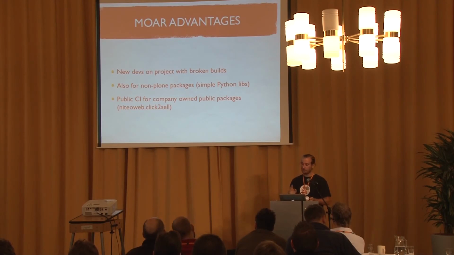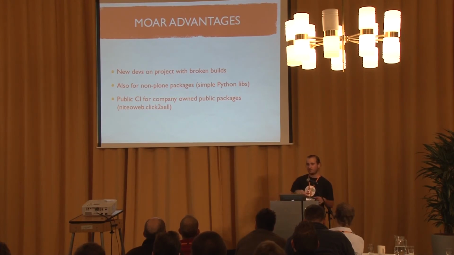Besides that, it's really cool to have publicly run tests for your public packages that are owned by a company. For example, we have nitaweb.click to sell. That's an integration package to connect to some API to provide paid membership for Plone. We don't want to have that particular product in the collective because we're very much invested in how it should work, and we'd like to keep an overview of how development goes.